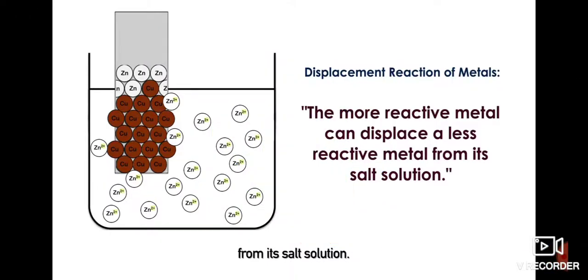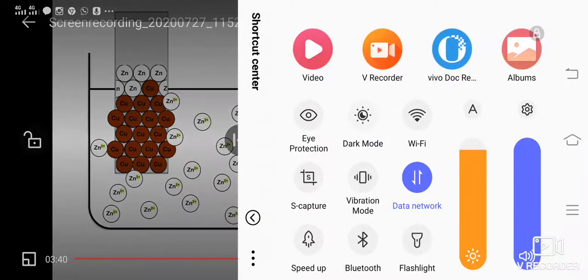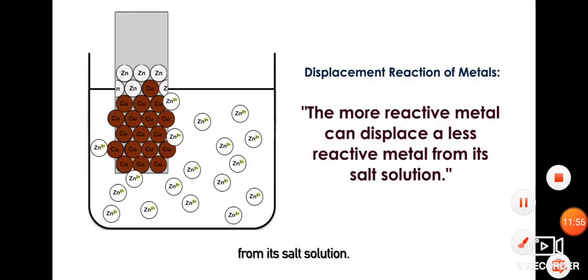And this solution will become colorless. The copper will get deposited on this zinc metal, and therefore you will see the reddish color deposition on the zinc metal sheet. Now see, the more reactive metal can displace a less reactive metal from its salt solution.